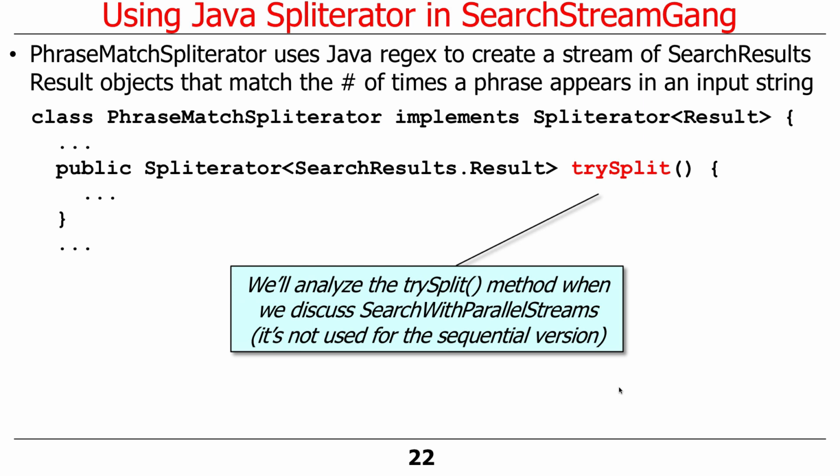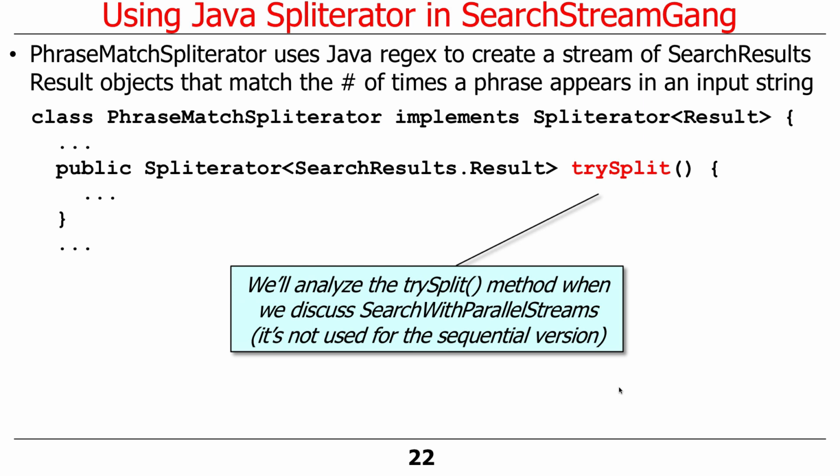However, if you have a parallel stream, then the try split method will be called. And try split, as the name perhaps suggests, is used to take a big input source, like the text for Hamlet, and then split it up into smaller chunks that can then be handed to the fork join pool, and then you can go ahead and search those things in parallel.